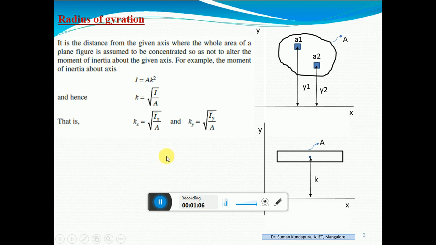So now we'll move on to the next concept, which is one of the important concepts, that is the radius of gyration.